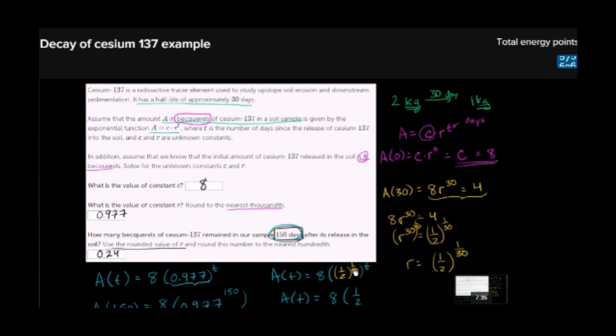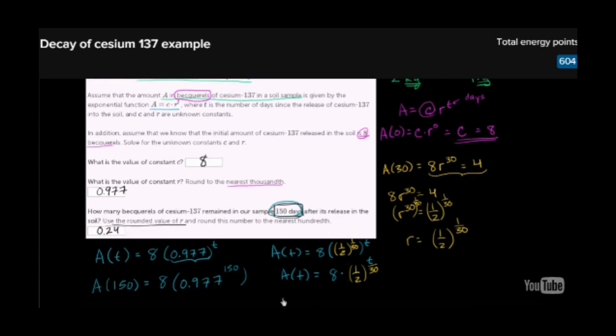If we raise something to an exponent, then raise that to an exponent, we can take the product of those exponents. So that's 1/2 to the t over 30 power. This is another way to describe A of t.